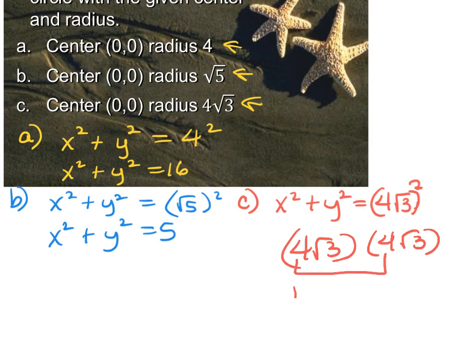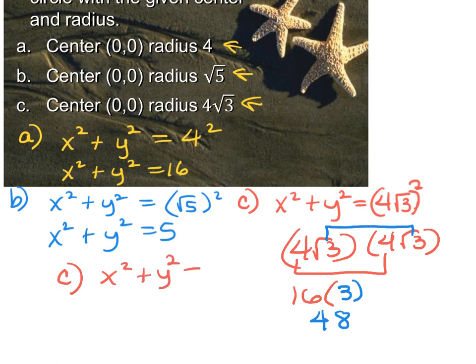So 4 times 4 is 16. Then I'm going to do the radical 3 times the radical 3. That just becomes square root of 9, which is 3. And now I'm going to multiply 16 times 3, and it's 48. So my equation for part C is going to be x squared plus y squared equals 48.